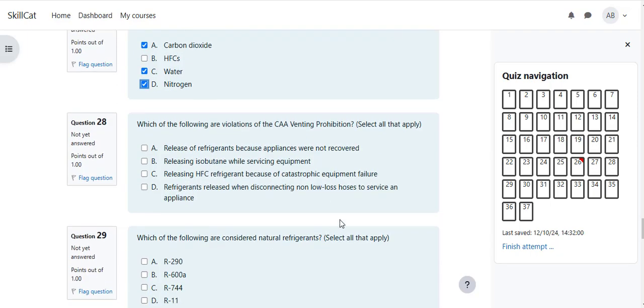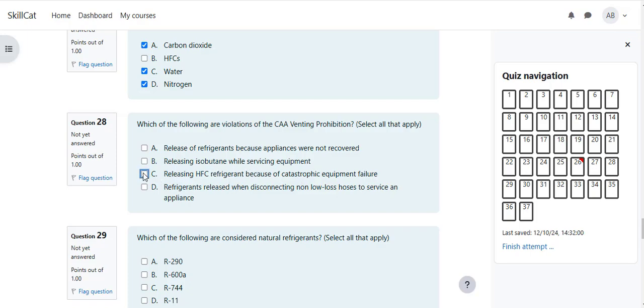Which of the following are violations of the CAA venting prohibition? Select all that apply. Release of refrigerant because appliances were not recovered. Releasing isobutane while servicing equipment.